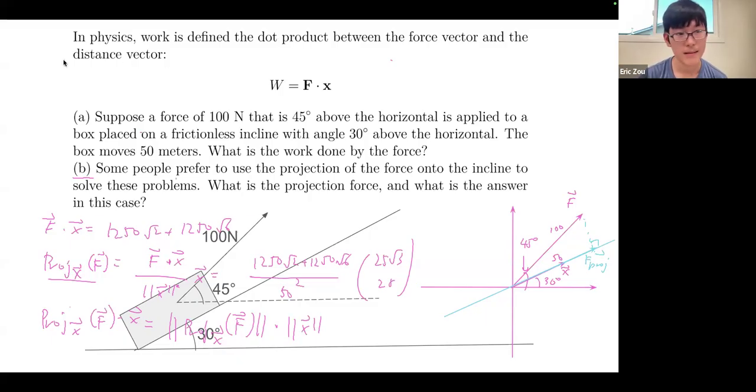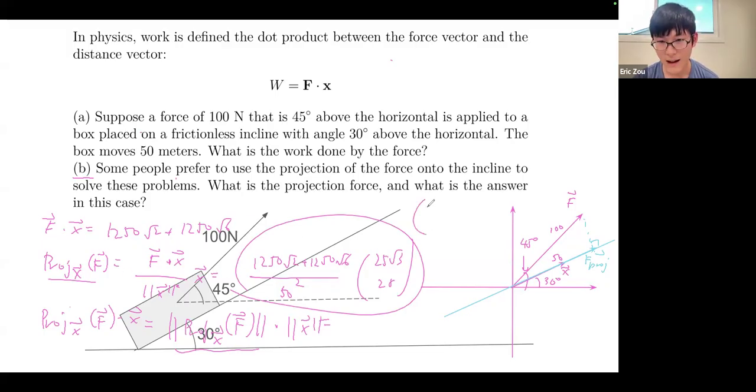And remember that this projection is technically f dot x over x norm times the unit vector x over x norm, and this has length 1.